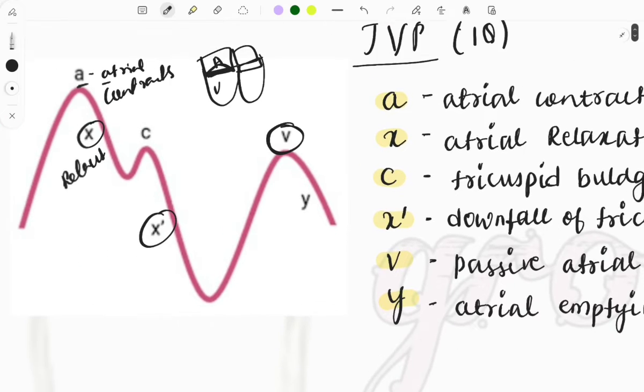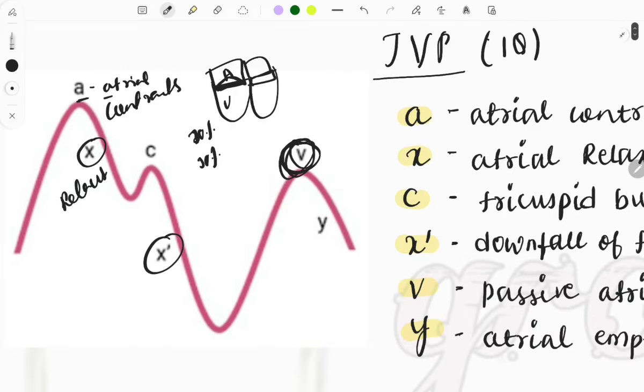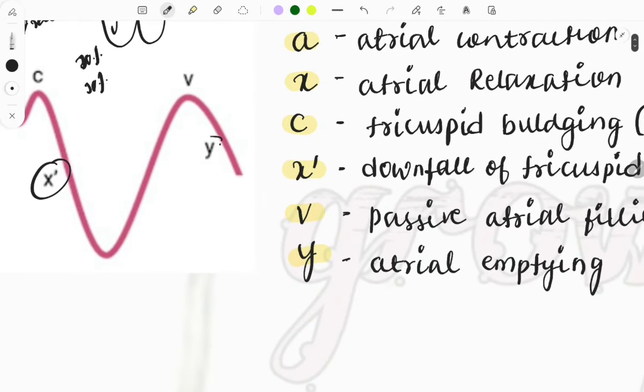We know that almost 70% is due to the force and 30% happens passively, if you have read it in physiology, the heart cycle, everything about the heart cycle. So that 30% will be happening in this V phase, that is the passive atrial filling. Then Y signifies atrial emptying.